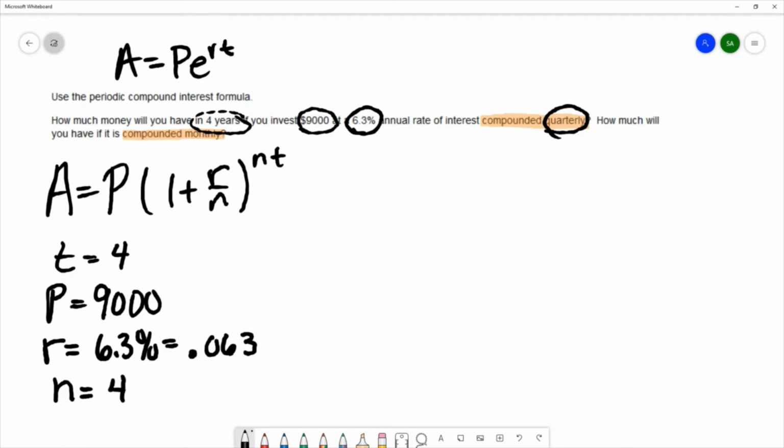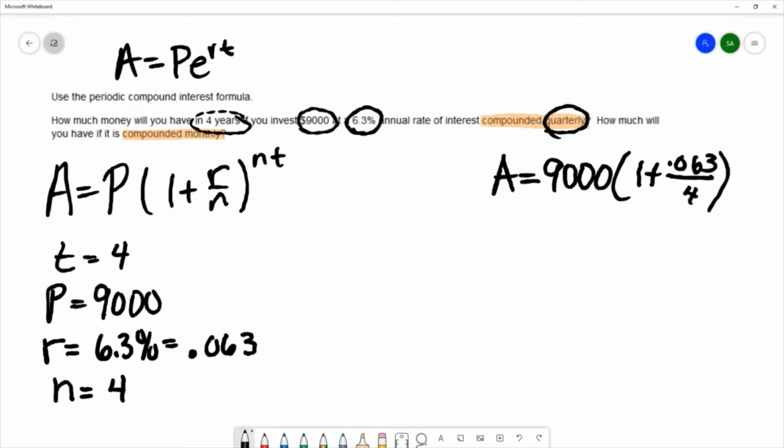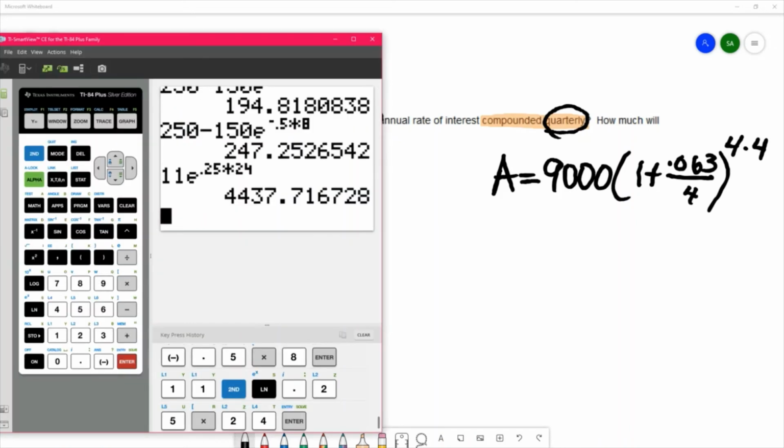We're going to substitute these values into the formula to get A equals 9,000 times 1 plus 0.063 over 4 to the 4 times 4, and we'll type this in our calculator to get the value.